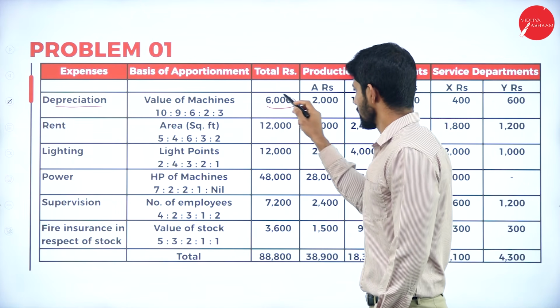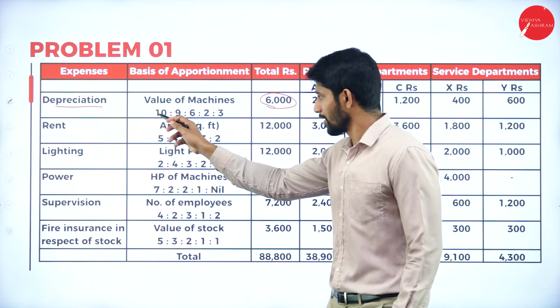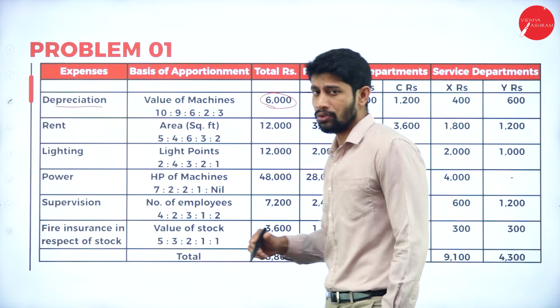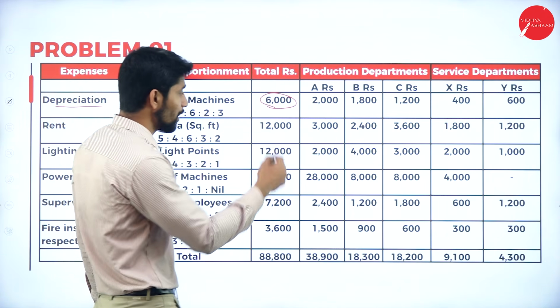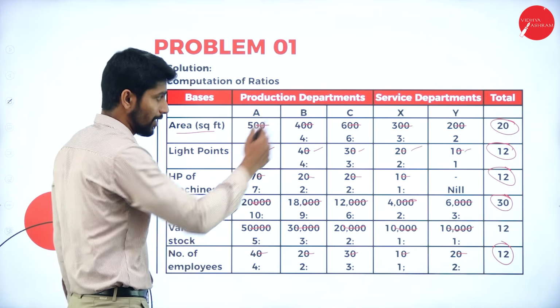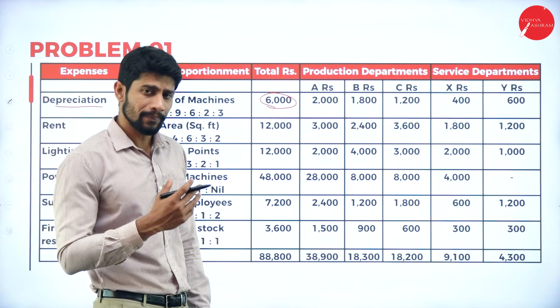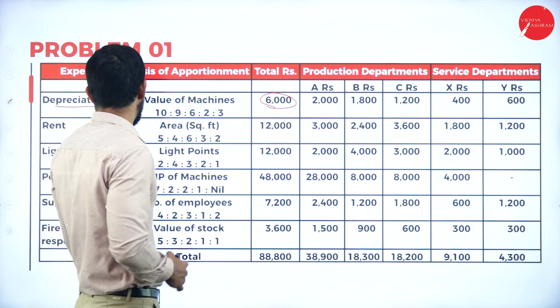So what is the total value of depreciation? It is 6,000. For production department A, what is the ratio? 10. So what you are supposed to do is 10 divided by the total. The total is 30.